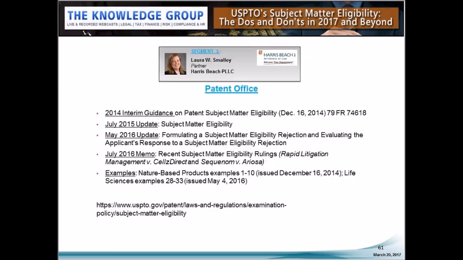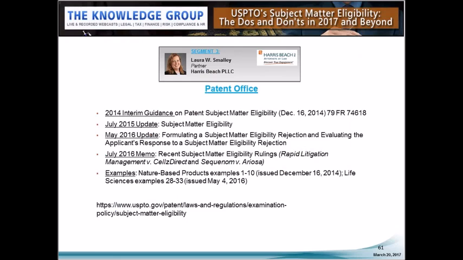If you decide to go forward with a patent, the Patent Office has issued numerous guidance documents. Steve already discussed a lot of these, but here's a list of the guidance documents particularly relevant to biotechnology, which are available on the PTO website. The July 2015 update provided a further explanation of the markedly different characteristics analysis.